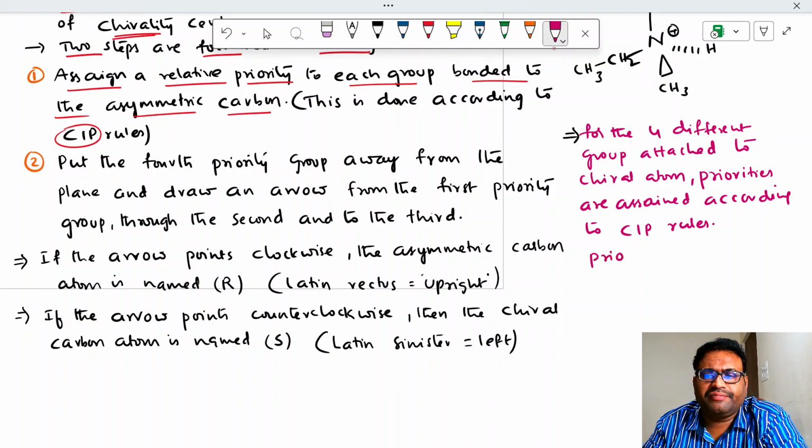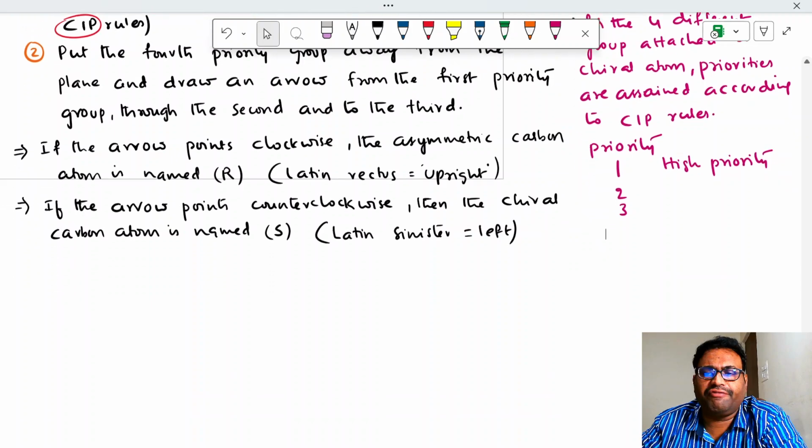Priority 1 means first priority, high priority. Then priority 2, priority 3, then priority 4.